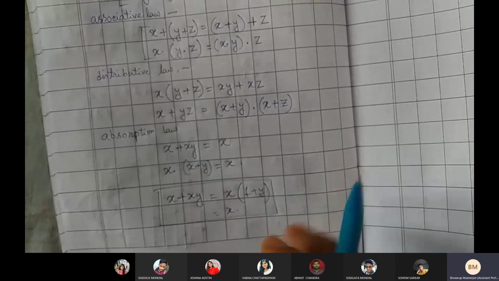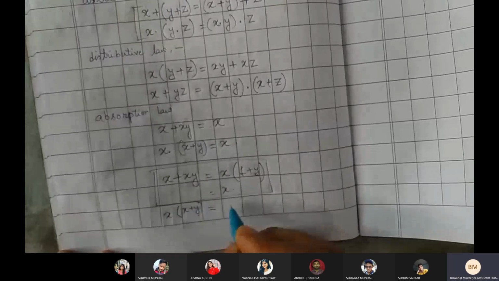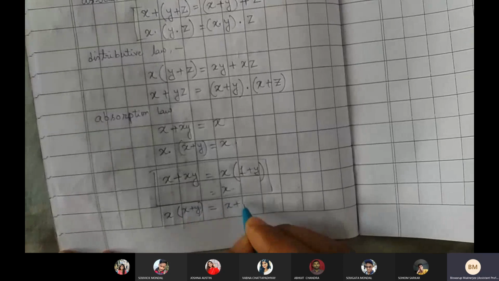Similarly, the second one you can also write down like this. The second one, x into x plus y is equal to, you can multiply, x dot x plus x dot y, right?